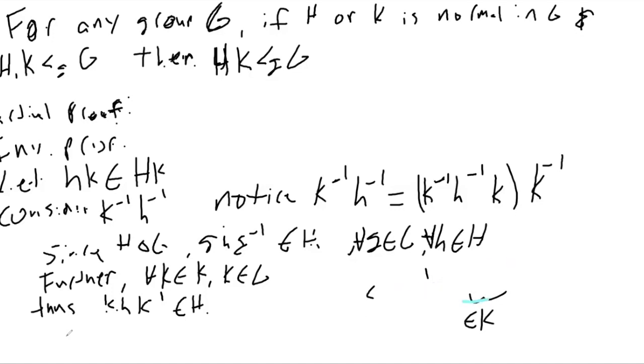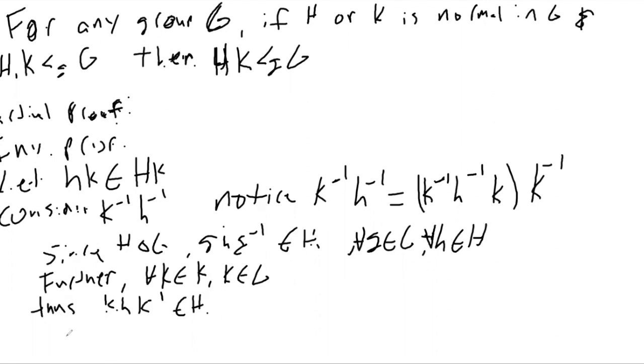So, well, we already know that K is a group. So since K is a group, we already know that K has the associative property, has closure, and also has the inverse property.